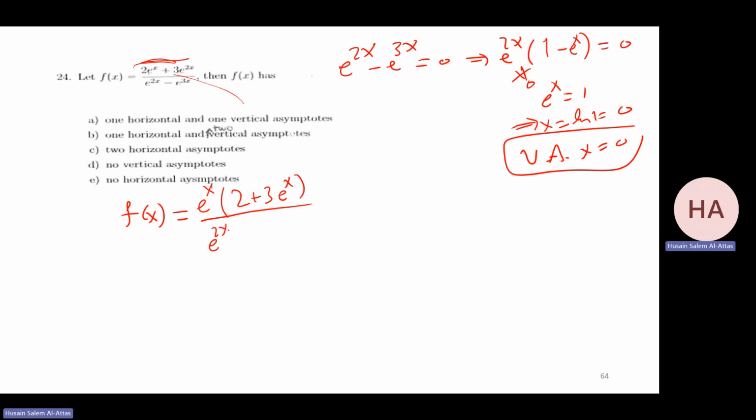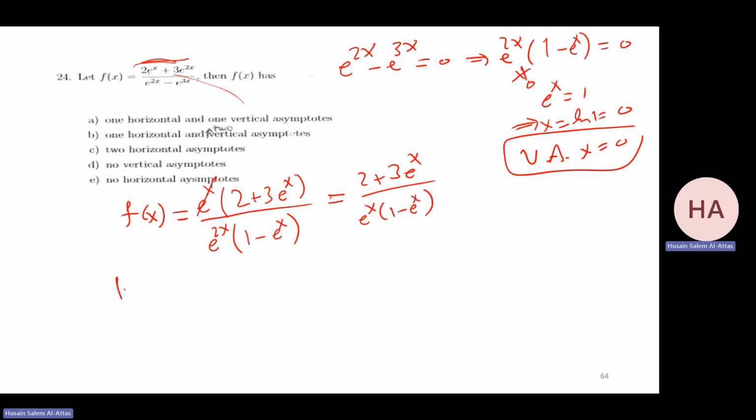Take e^2x in the denominator: you have 1 minus a^x. This is cancelled. You have e^(-x), well, e^x in the denominator. So you have 2 plus 3a^x over a^x times (1 minus a^x).